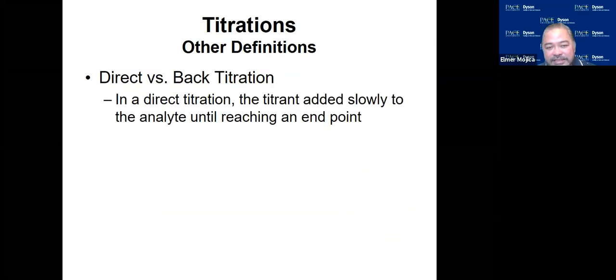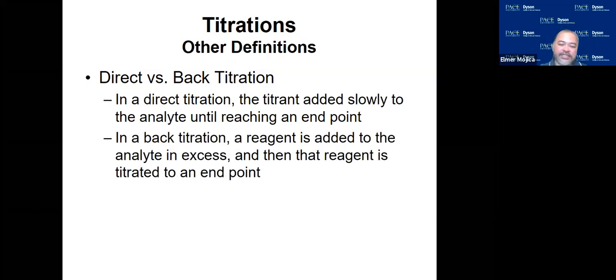Okay, so we also have this concept of direct and back titration. In a direct titration, the titrant is added slowly to the analyte until reaching an endpoint. In the back titration, a reagent is added to the analyte in excess, and then that reagent is titrated to an endpoint.